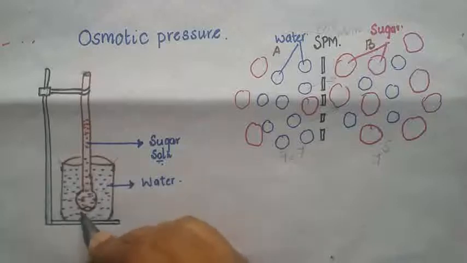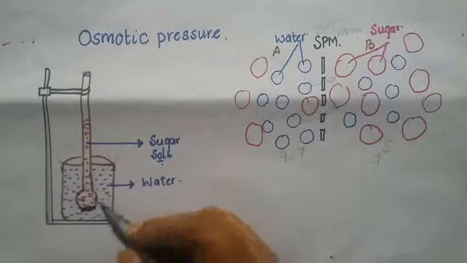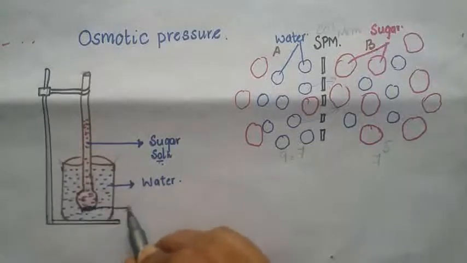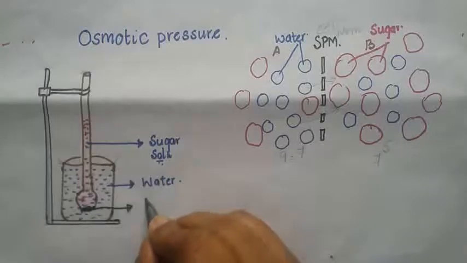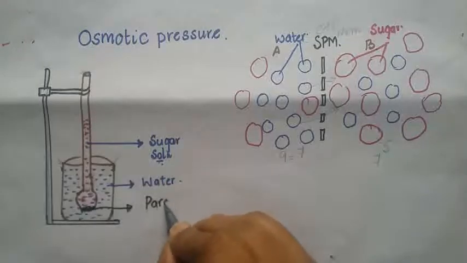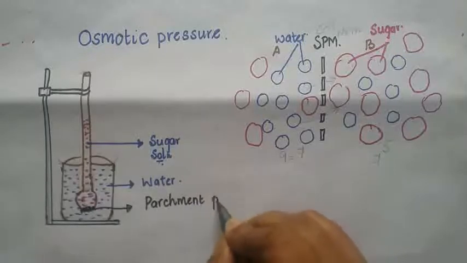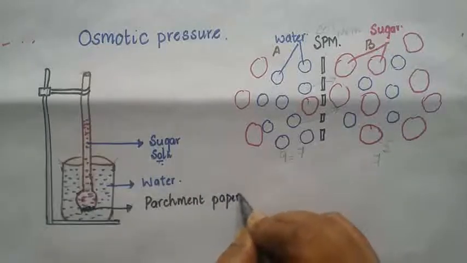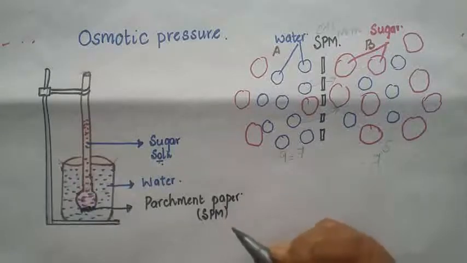So, as usual, we have taken this setup. The mouth of the thistle funnel is tied with the parchment paper or a cellophane paper, which acts as a semi-permeable membrane, right?